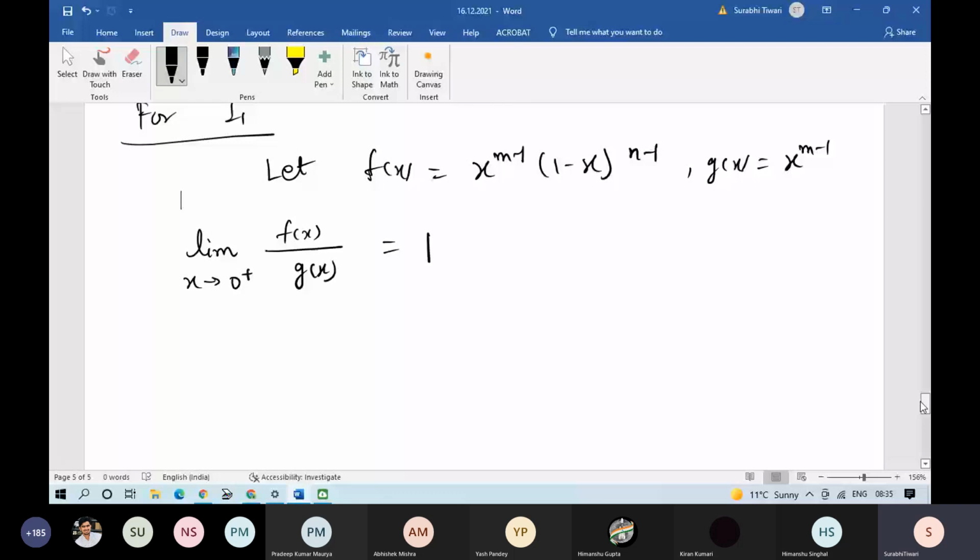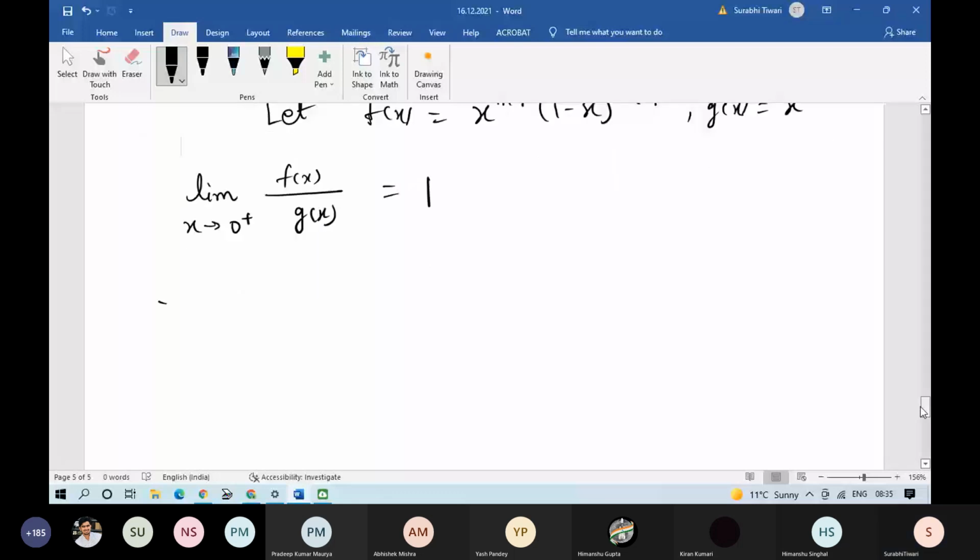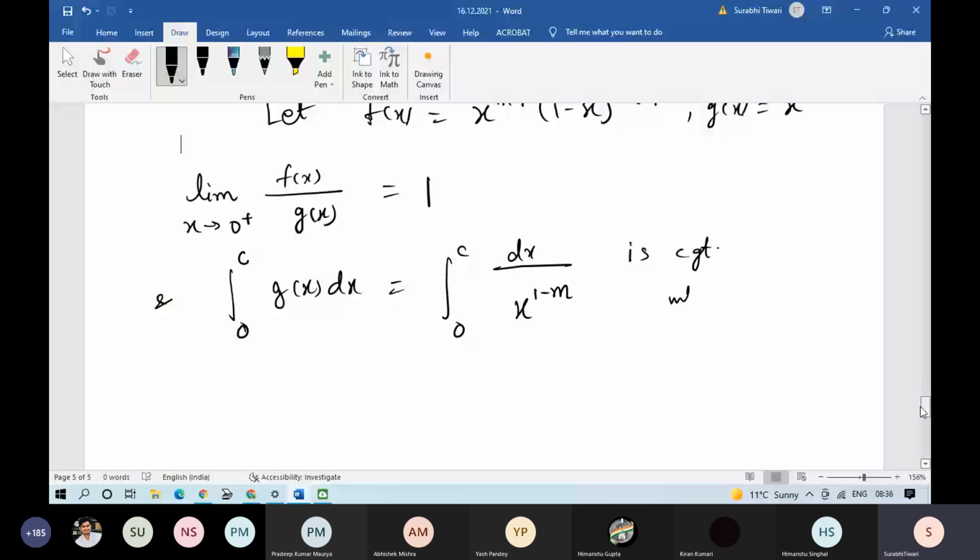Now the integral from 0 to c of g(x) dx is the integral from 0 to c of dx upon x to the power of 1 minus m. This is convergent. Why? When 1 minus m is less than 1. This we have studied; we have seen its convergence at the very beginning. And m is greater than 0.